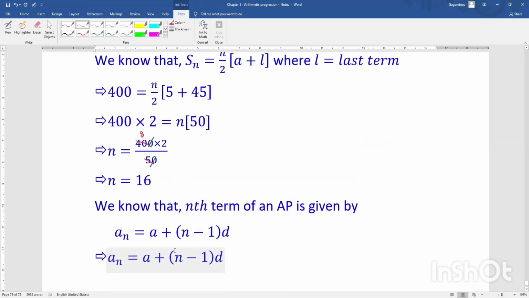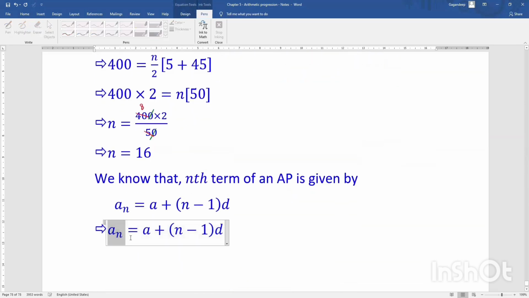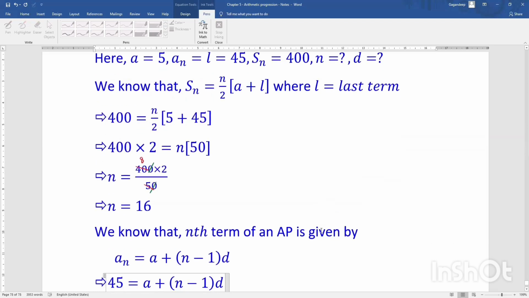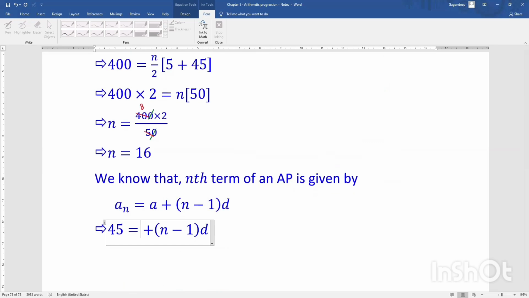So an you take it as 45 equals, then we have a value, which is nothing but 5, right? And then we have n value. N value is 16. Okay. Minus 1 into d. So d we have to find out here, correct?